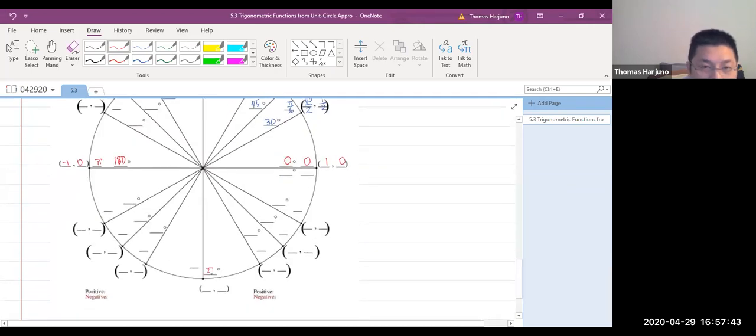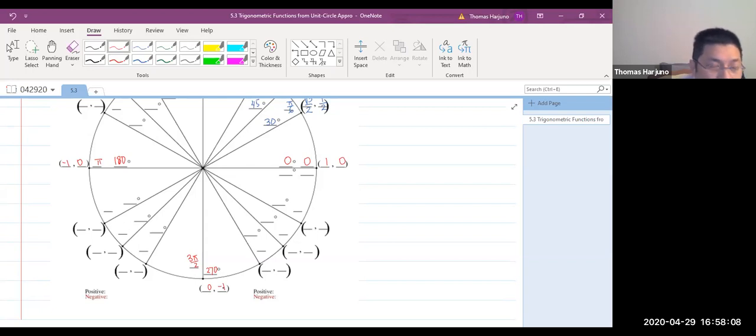For 270 degrees, the radian measure is 3 pi over 2. The coordinate corresponding to that is (0, -1). Try to follow me in writing as much as possible, but if you can't, don't worry too much, because I provide you the notes anyway at the end of the lecture.